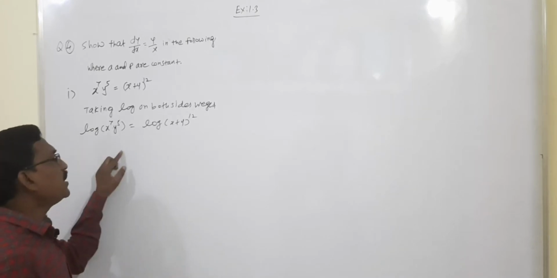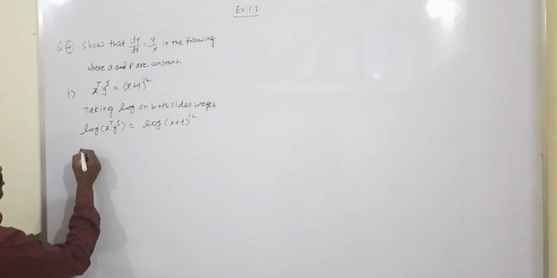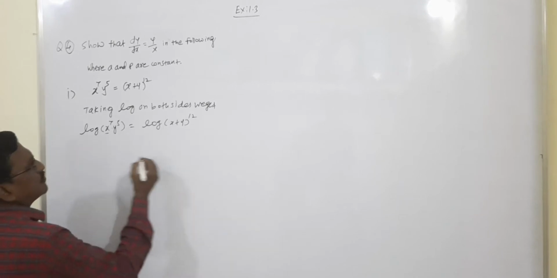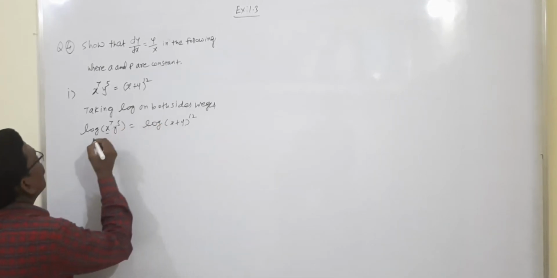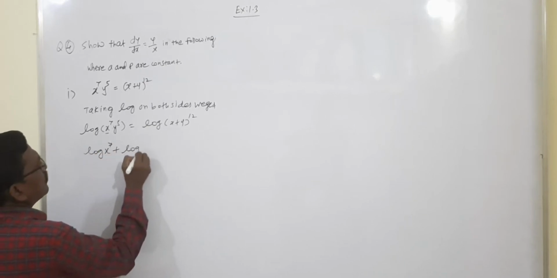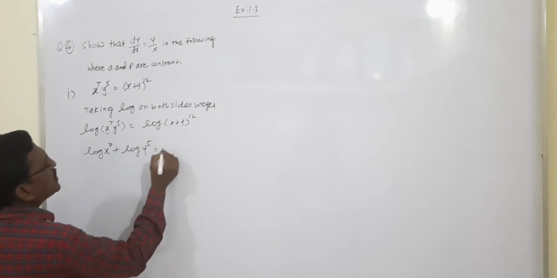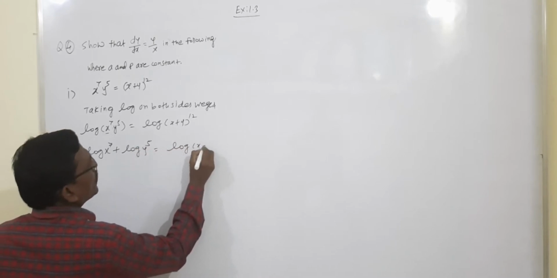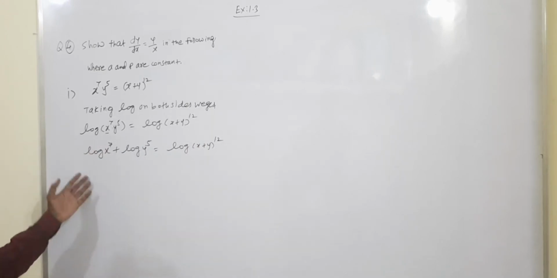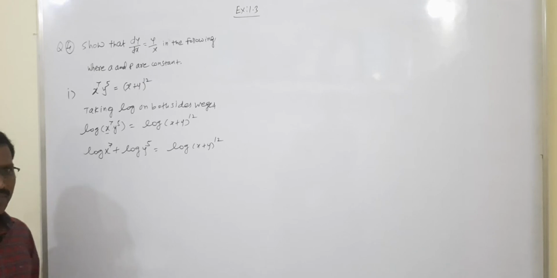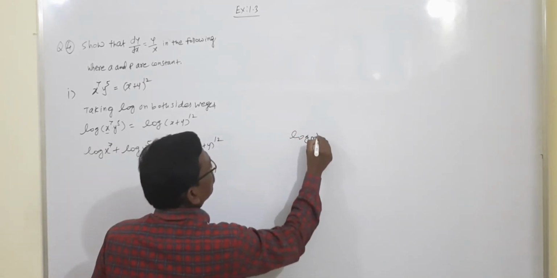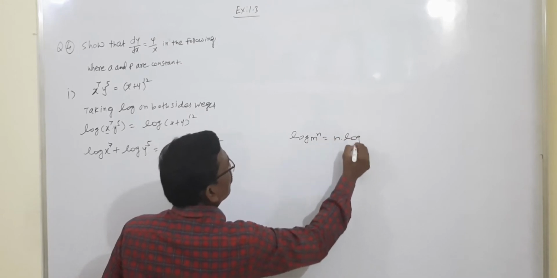Log of a into b gives log a plus log b. Here a means log of x raised to 7. Log of x raised to 7 plus log of y raised to 5 is equal to log of x plus y raised to power 12. Now again we use the next rule of logarithm, log of m raised to n is n into log m.